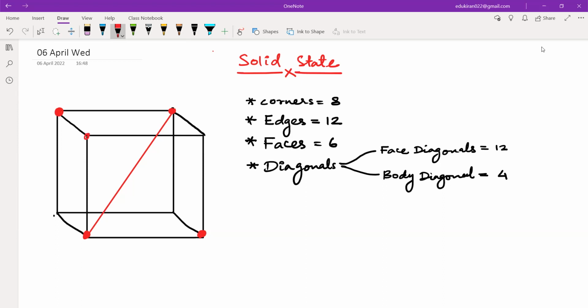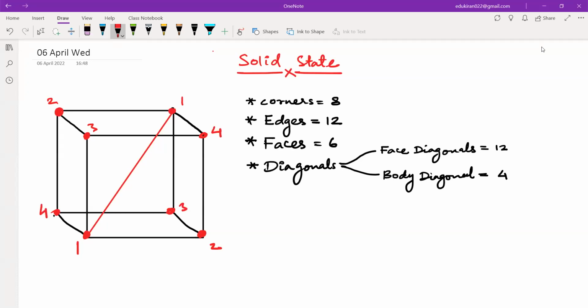Similarly, you will have one here, ending up here, and one more here. So this is the first one, this is the second, this is the third, and this one is the fourth.